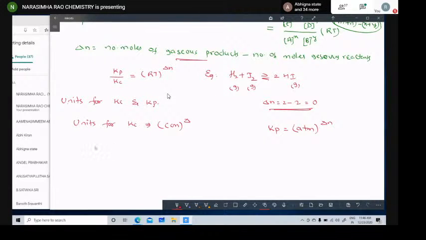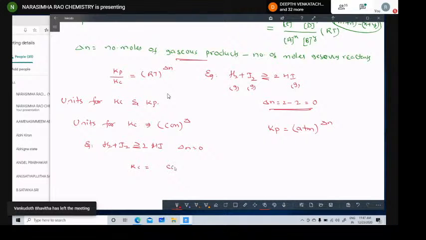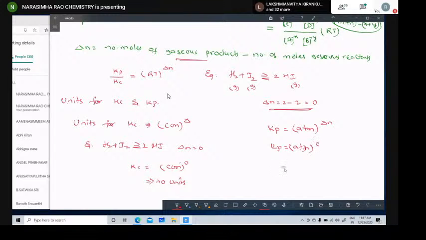For the example, H2 plus I2 is in equilibrium with 2HI. Here delta n is equal to 0, so Kc is concentration whole power 0. Something power 0 is equal to 1, which means no units. Similarly, Kp is atmosphere whole power 0, which means no units.